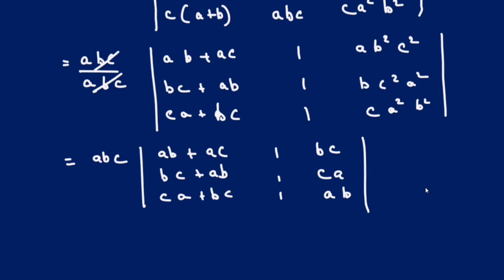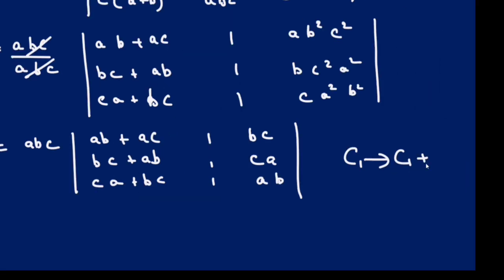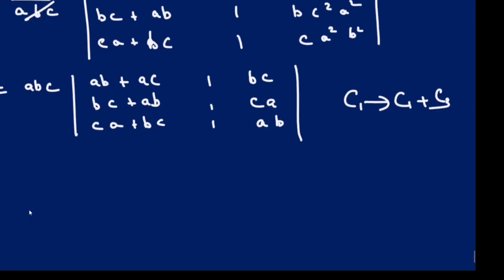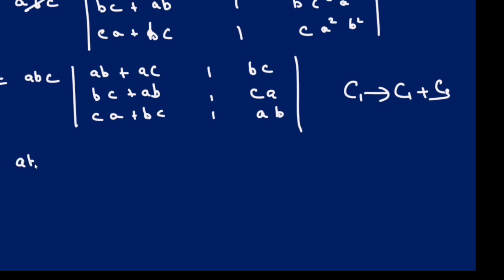So try to make two identical rows. Already 1, 1, 1 is there. Now if you add, just see, ab plus ac plus bc. Whatever is missing is here: bc plus ab plus ac. So with column 1, I am going to add column 3. If I add, this will become abc.